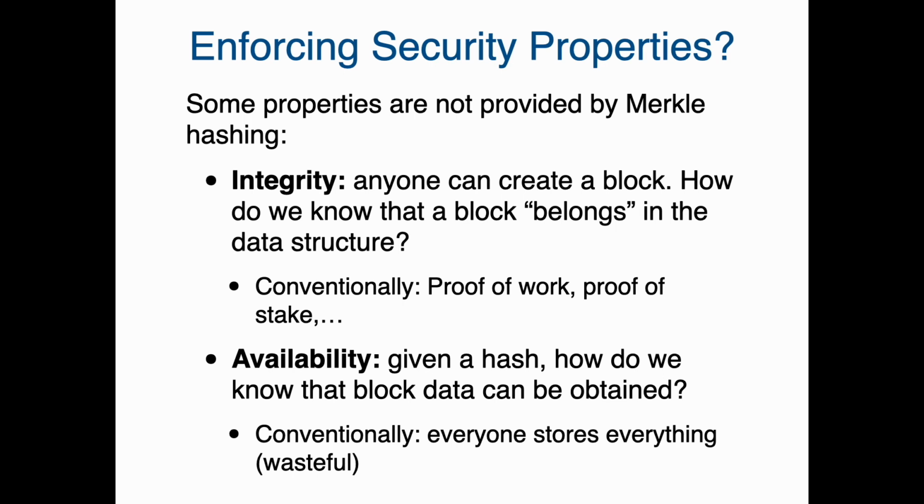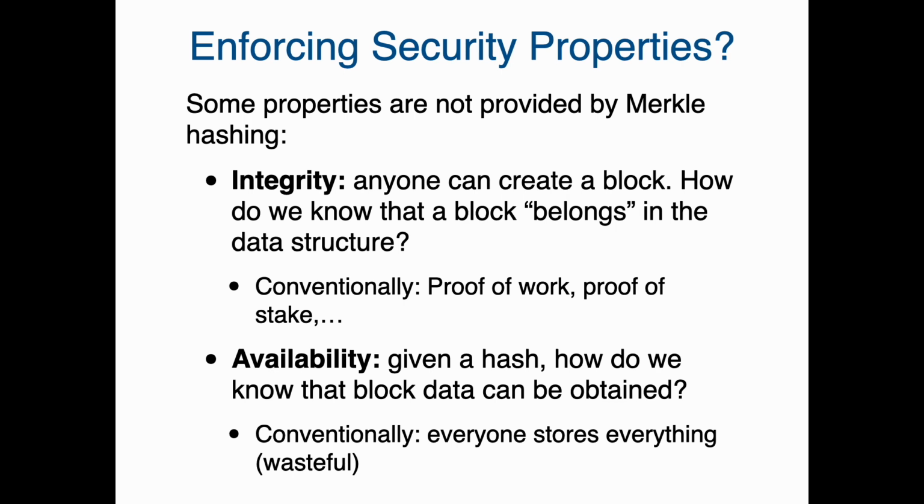So classically there are three axes of security: confidentiality, integrity, and availability. We're not worrying so much about confidentiality in this project, but that's of course an interesting thing to think about. So availability, the problem here is how do you know that a block that you hear about, somebody hands you a reference to a block, it's a hash, how do you know that it's something you can actually get?